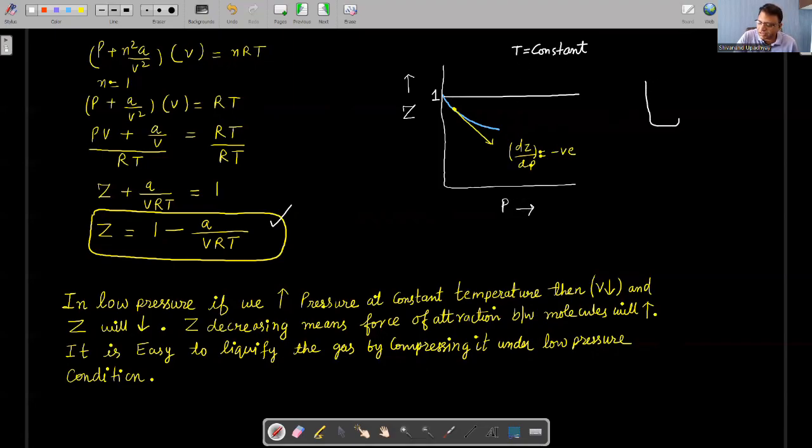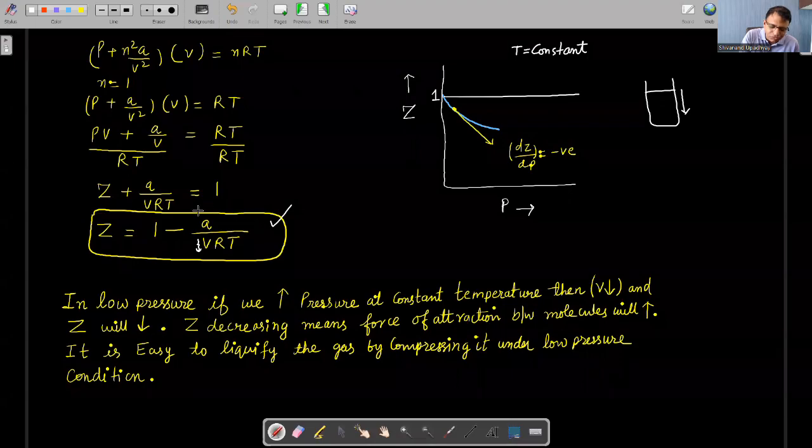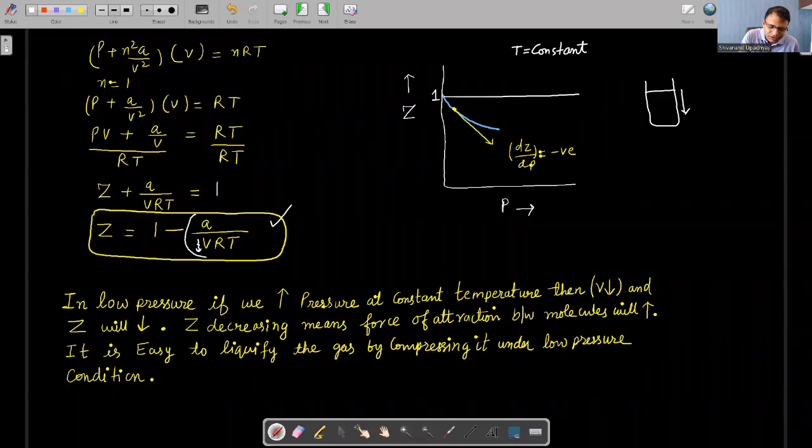In order to increase the pressure, we'll compress the gas, so we are decreasing the volume. Temperature is constant, R is the universal gas constant, a is fixed for a gas. If we decrease the volume, this term a/VRT is going to increase, and from there we get that the value of Z is going to decrease.